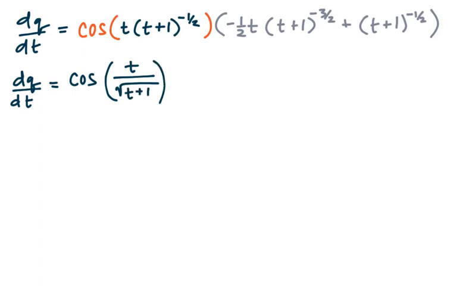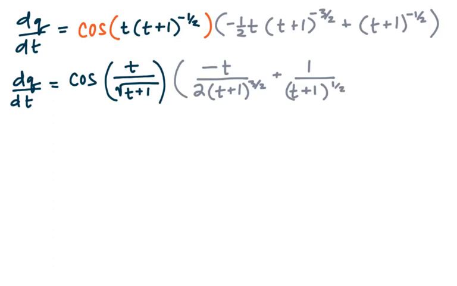All right, so let me rewrite what this piece looks like. That is the same as having -t over 2(t+1)^(3/2) plus 1 over (t+1)^(1/2).